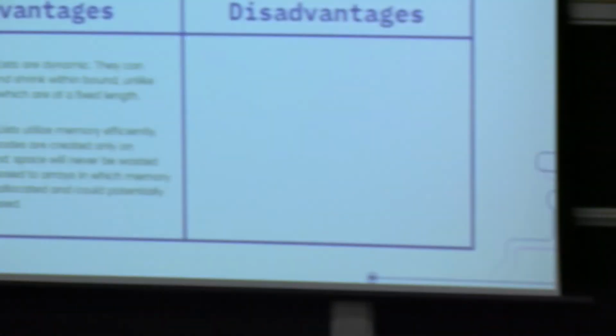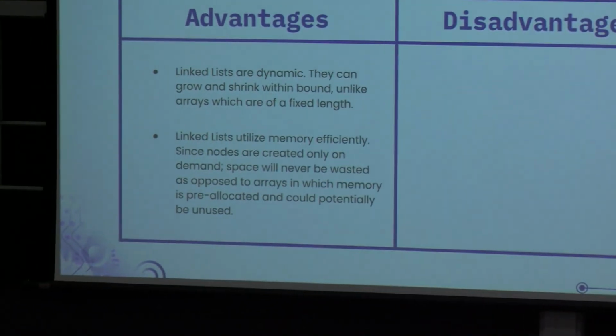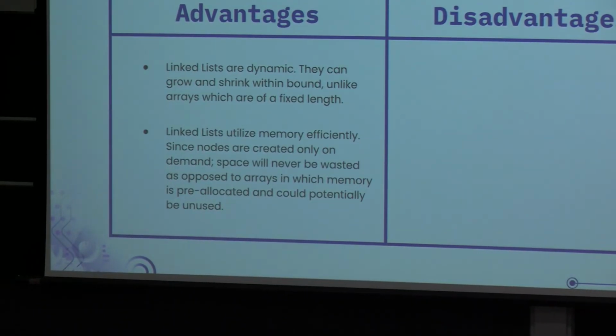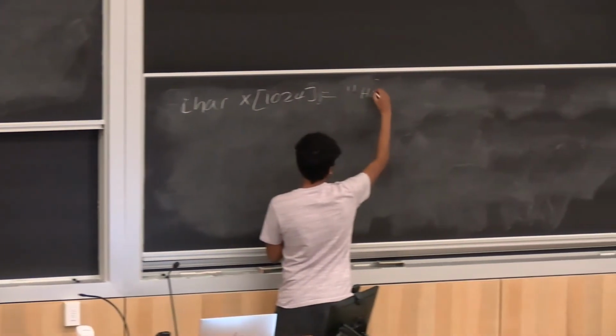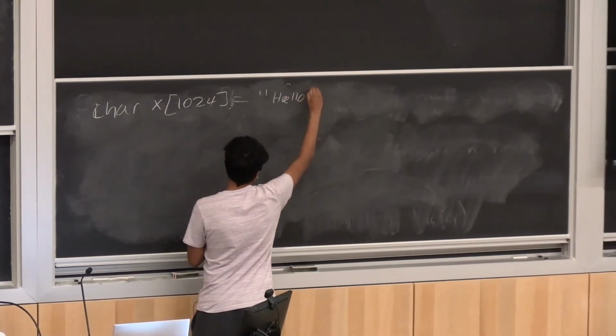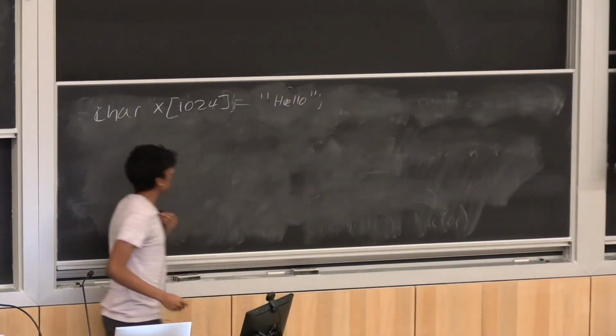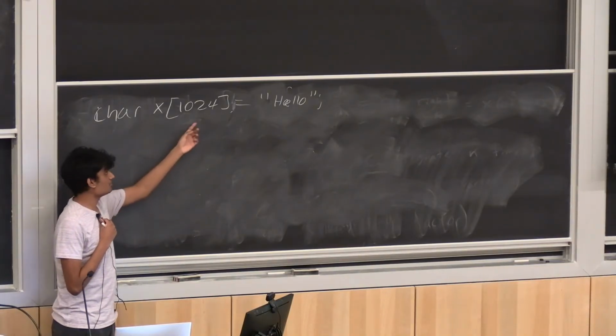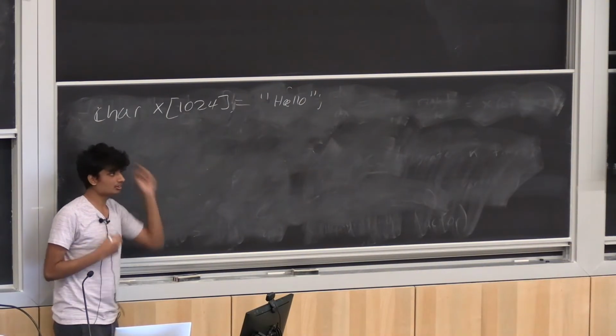Now, linked lists utilize memory efficiently. Since nodes are created by demand, space will never be wasted. So if we set, for example, char x equals "hello", we still have 1018 more boxes of memory that we can use for this array.